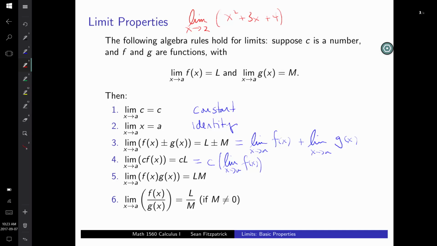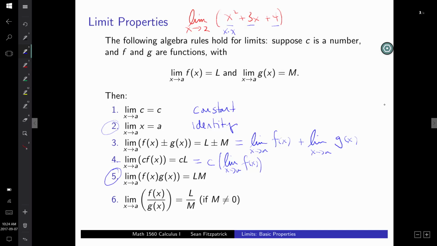The first thing I could do is say, as the sum rule says, I could write that as the limit of x squared plus the limit of 3x plus the limit of 4. x squared, of course, is x times x, so for x squared I could use the product rule. I could use number 5 to say, well, that's the limit of x times the limit of x, and I know from rule 2 that as x approaches 2, x approaches 2, so I know that the limit of x is 2, so this should be 2 times 2.